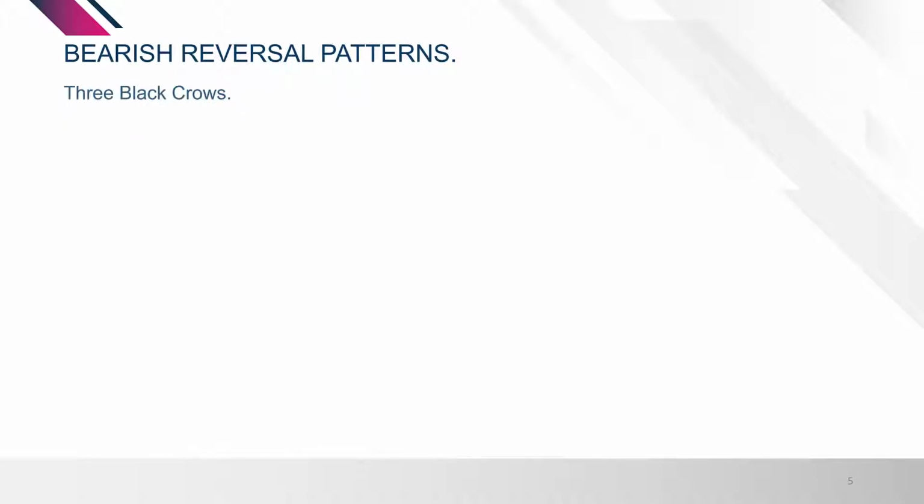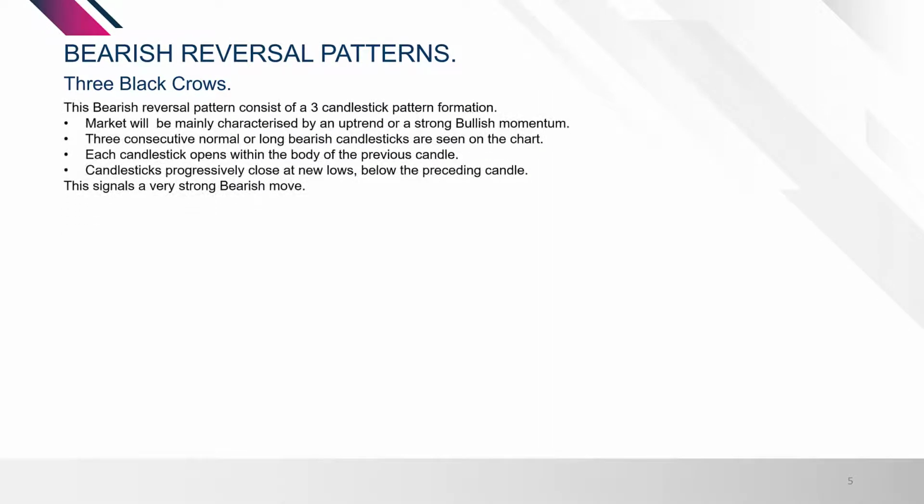So firstly, let's look at the three black crows. This is a bearish reversal pattern which consists of a three candlestick formation. The market will be mainly characterized by an uptrend or strong bullish momentum.